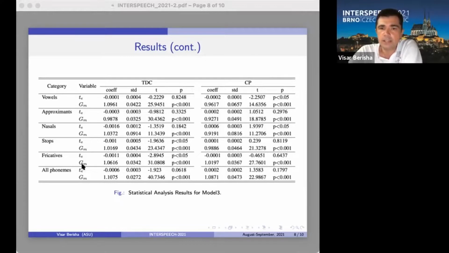So this indicates that the automatic GOP assessment is relatively robust to alignment errors. In our analysis, the alignment errors for the TBC corpus were on the order of about 35 milliseconds, and they only have a small impact on the GOP. For the CP corpus, the errors were on the order of 50 milliseconds or so, as measured from the midpoint of each phoneme to the midpoint of the other phoneme.